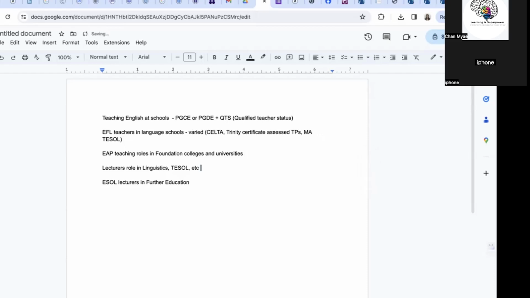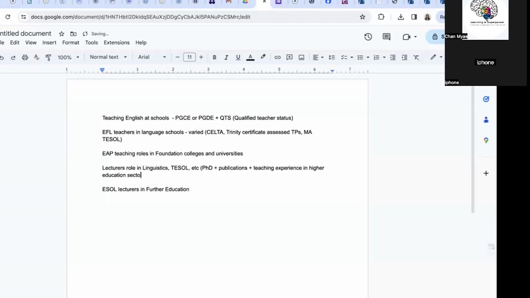For lecturer roles, you'll also need a PhD plus publications, plus what else do we need, CRPOA? As far as I'm concerned, I think we also need experience of teaching in the higher education sector. For ESOL, CRPOA, would you mind telling us a little bit about it?